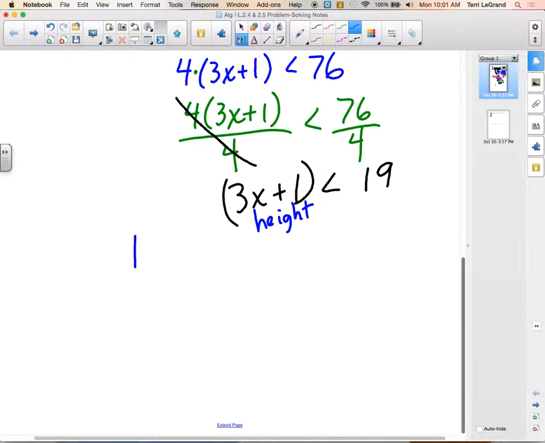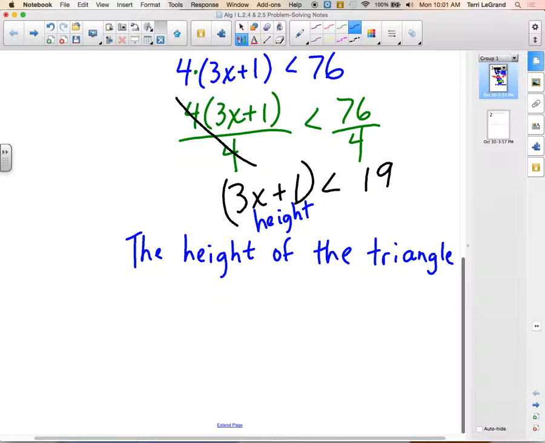We can't really state exactly what the maximum height could be, but we could say that the height of the triangle has to be less than 19.